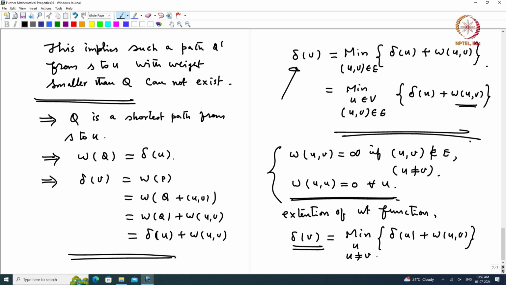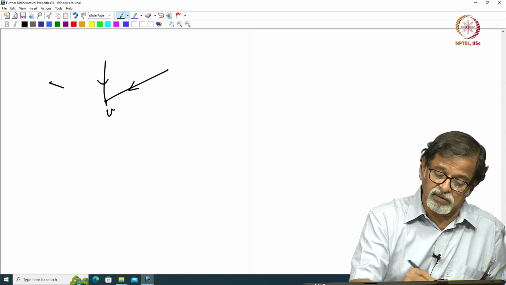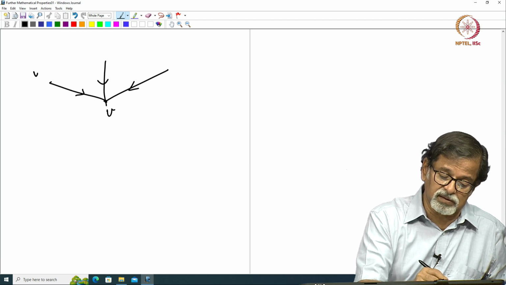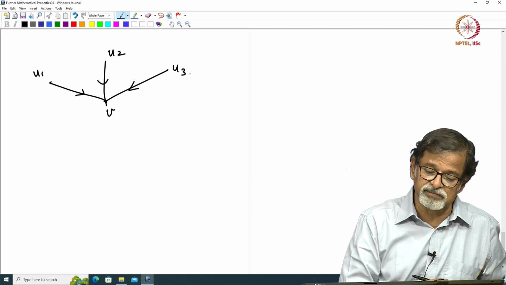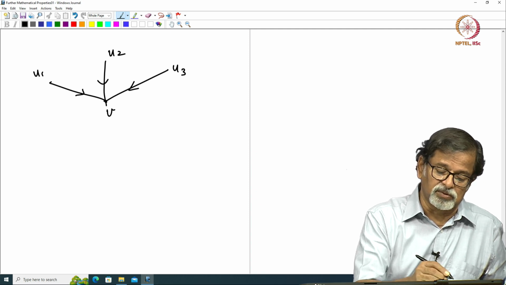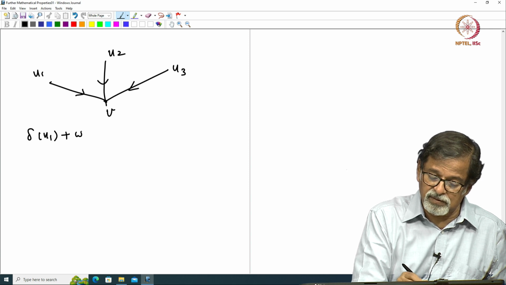So, for every vertex v, compute for all u1, u2, u3, you have delta u1 plus weight of u1 v.